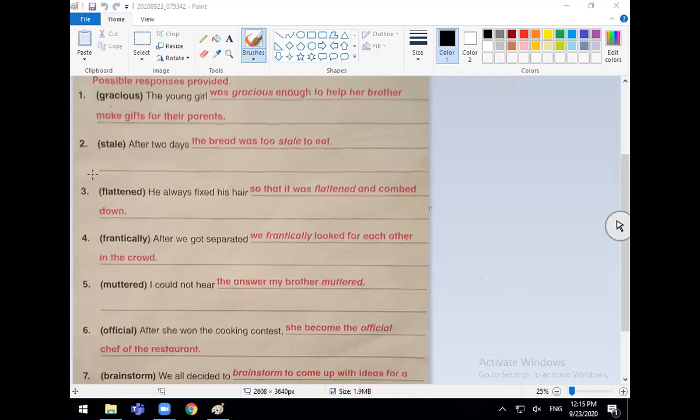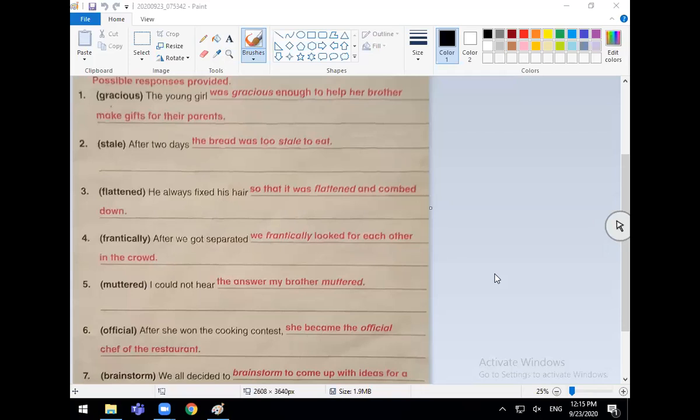Excellent. Number 3, the word is flattened. Flattened. All right, Hamza. Hi, Hamza. Can you open your camera? It doesn't show me the controls.